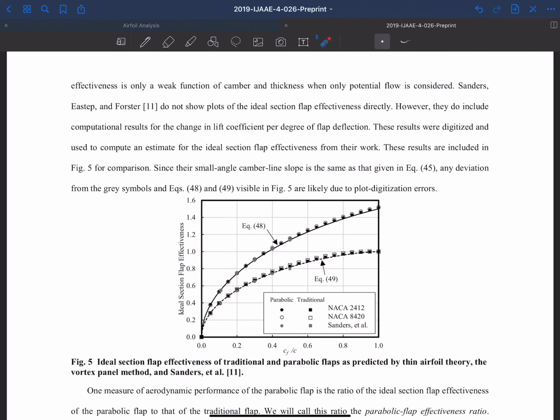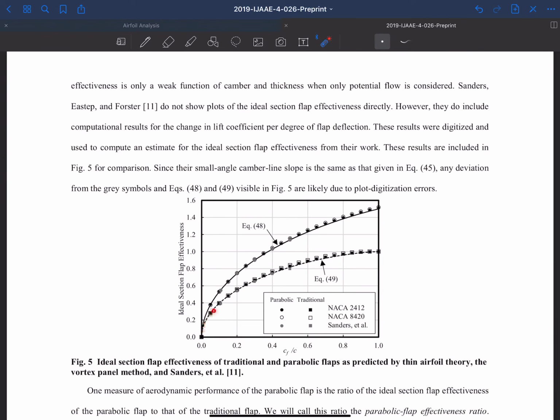That is the same as changing our zero lift angle of attack by 1 degree, so we get a 1-to-1 if we rotate the entire chord. Most flaps are in this region from maybe 20 to 30%. Let's say about 30%, when we deflect that 1 degree, we're going to get about 65 or 70% change in zero lift angle of attack. That's what the section flap effectiveness is telling us.